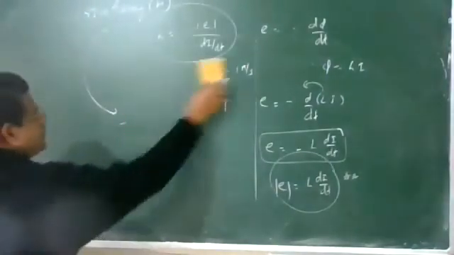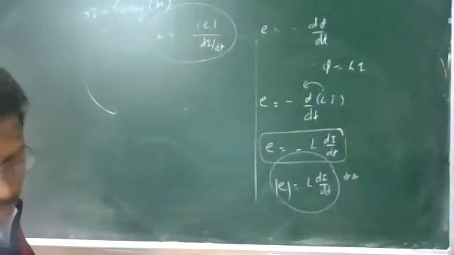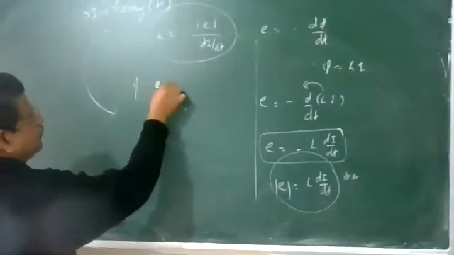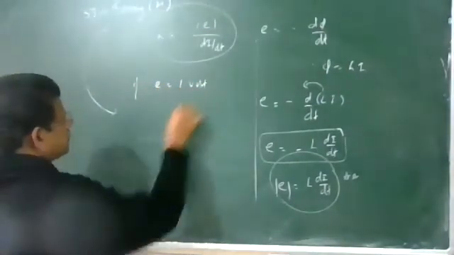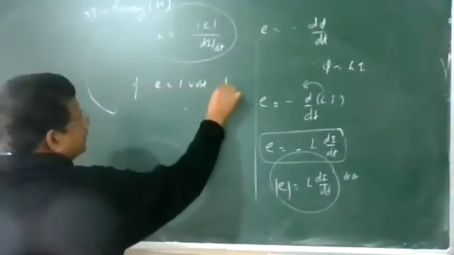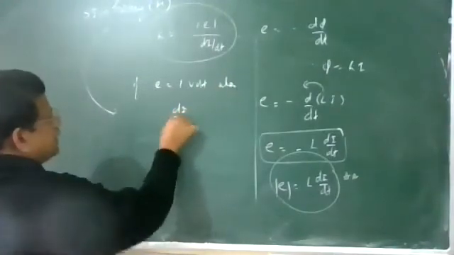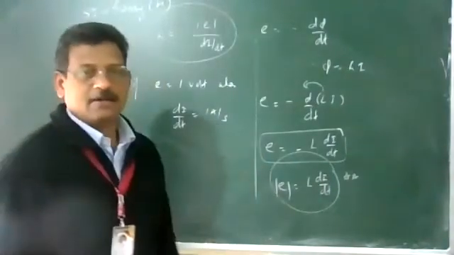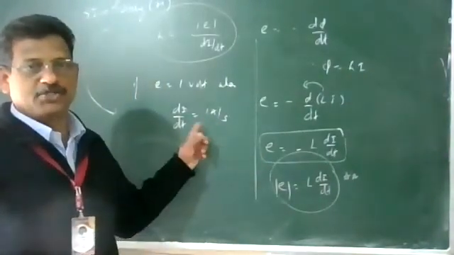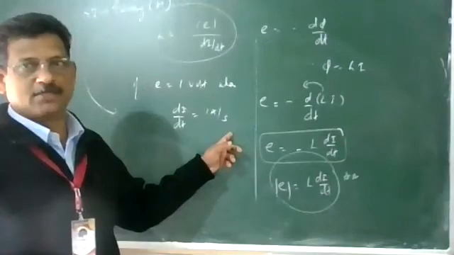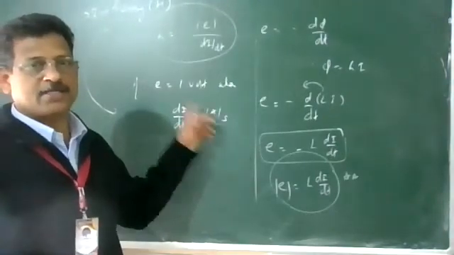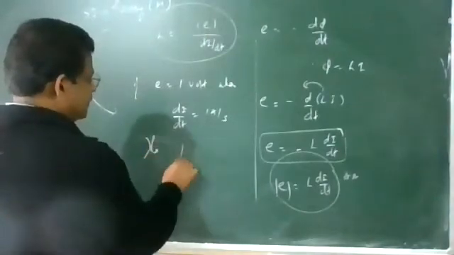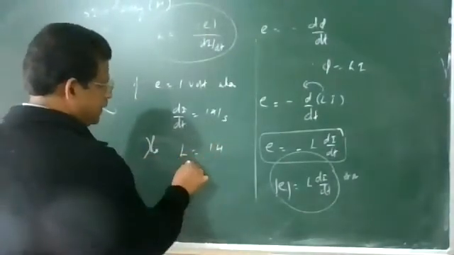You can take from here, L is equal to E divided by di by dt. If an EMF of 1 volt is developed when di by dt is 1 ampere per second, that is, the current in the coil is changing at the rate of 1 ampere per second, then the inductance is said to be 1 Henry.